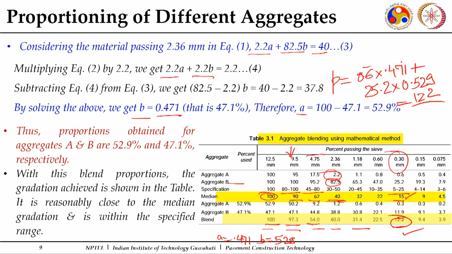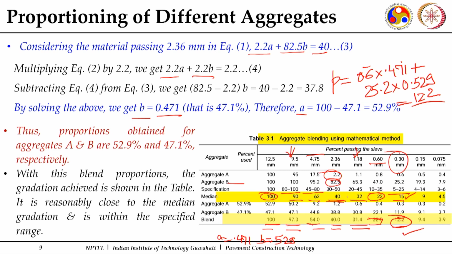When it came to 40 here, I exactly got 40, because I solved this equation for 40 only. Now, here the target is 32, what I got was 31.4, very close to my mid value. So, it's giving good results for 1.18 mm. When it came to 600 micron, the mid value I got was 22.5 and the target was 22.